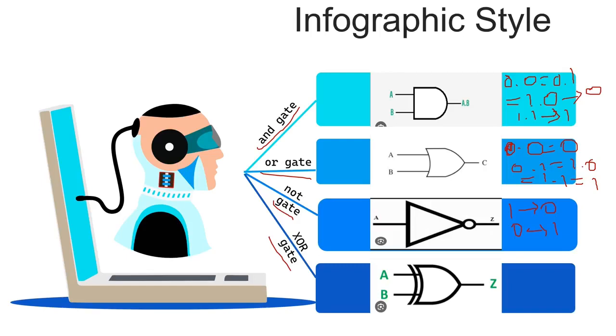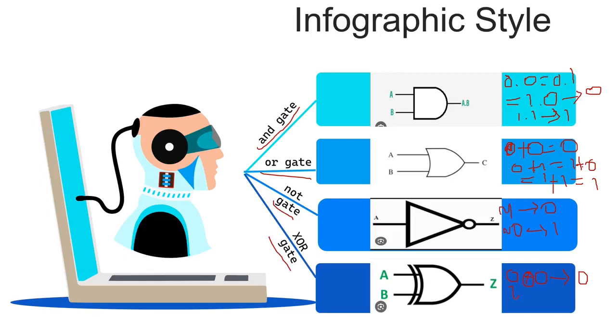In XOR gate, if both the inputs are equal to 0, then the output will be 0. XOR gate here it is represented like this. Then OR gate is represented like this with plus mark. In NOT, like complement of.